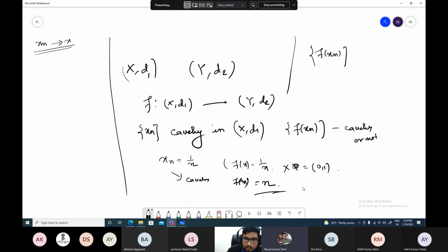By the sequential characterization of continuity, f is continuous if and only if for every xn convergent in x, f(xn) is convergent in y. Here the Hausdorffness and first countability come in. Continuous if and only if sequentially continuous. In this case, if it is convergent, then it will be convergent. I'll also think about it and let you know the complete answer.